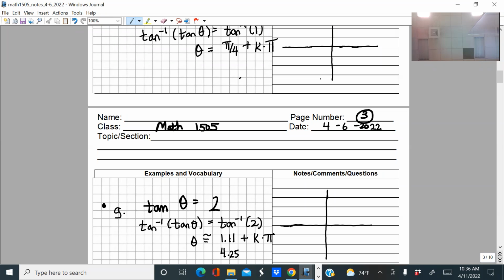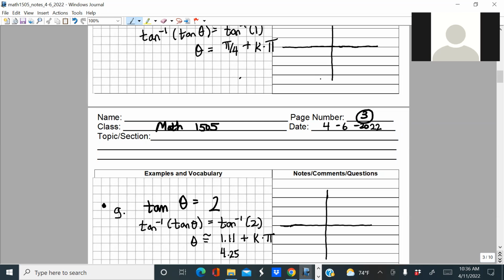So our second positive solution is 4.25. Let's see what the calculator says. The tangent of 4.25 is, hopefully it'll be close to 2. Oh, I'm already in... It is 2. Yeah, this thing switched back to degrees on me.